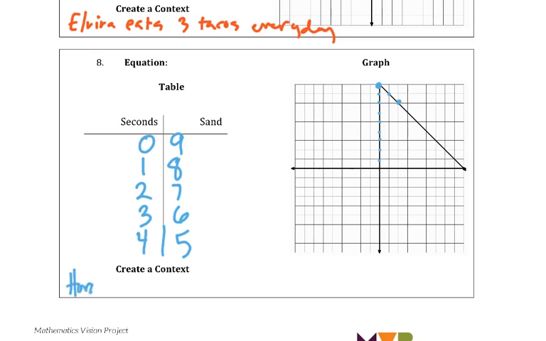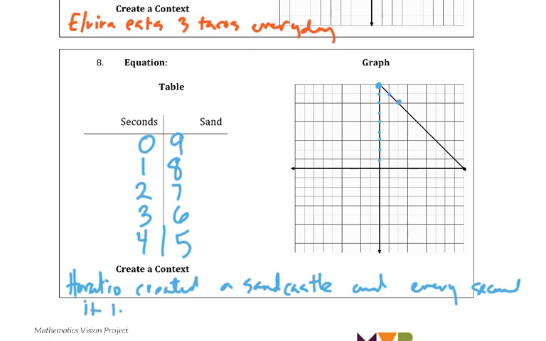So Horatio created a sand castle and every second it loses sand from the tide. Probably not exactly true, but something like that. So our equation, y equals 9, where we started, subtracting 1 each time, so we get 9 minus 1x. And there we go, guys. That's all there was to it.